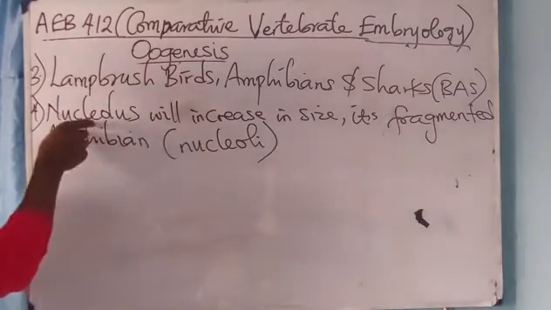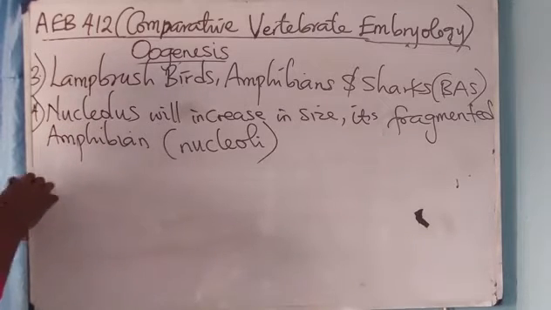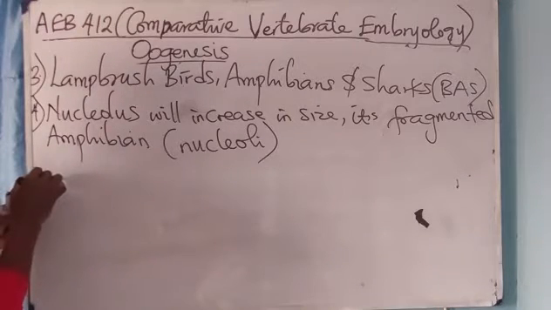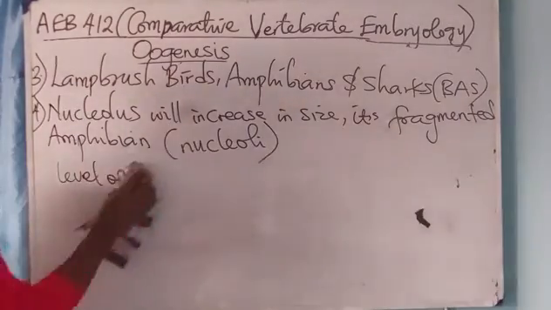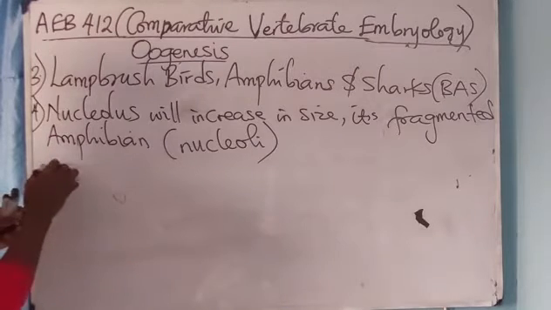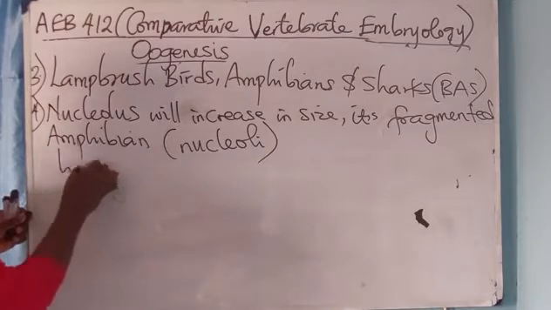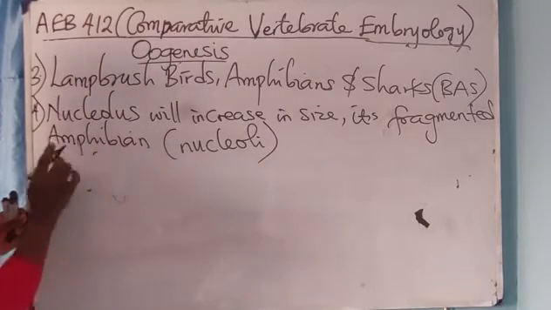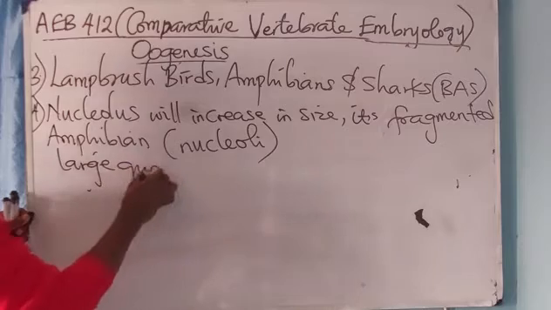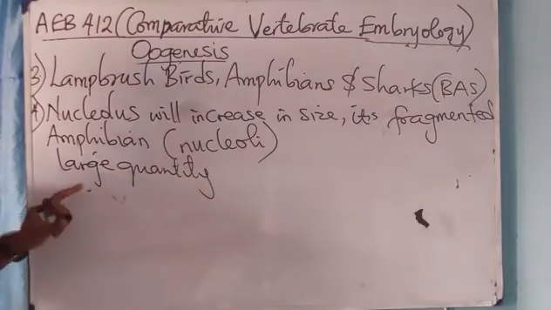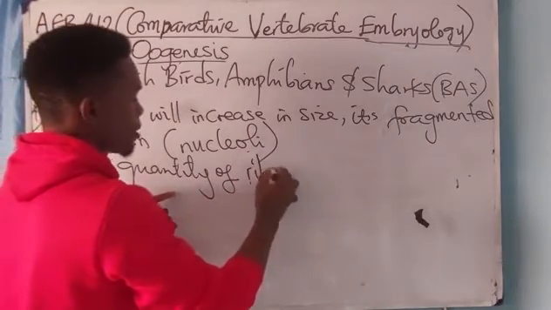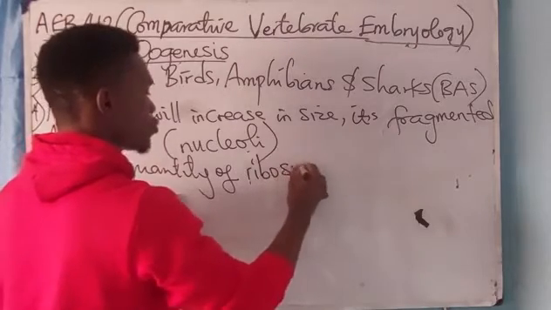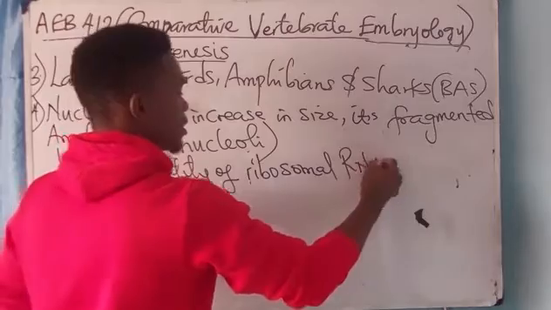Of course, the nucleolus produces a large quantity of ribosomal RNA.